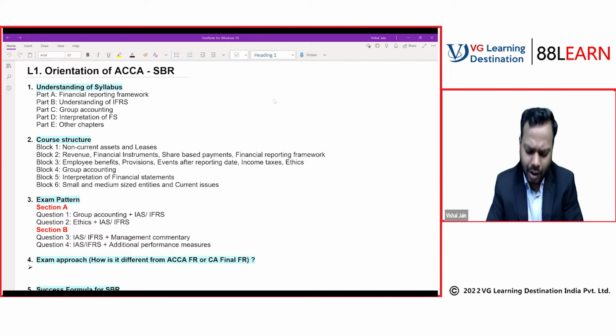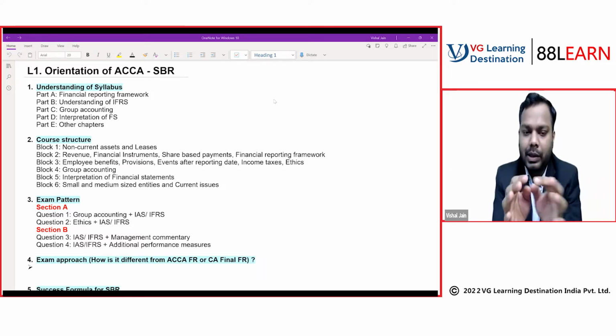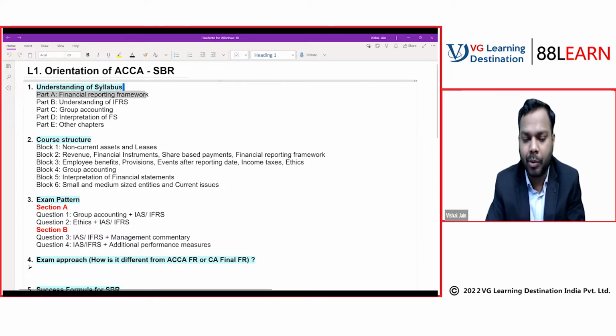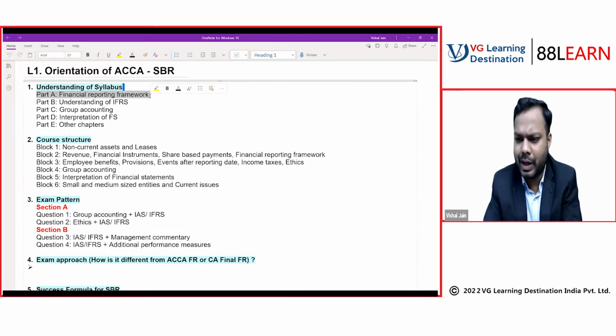Now, coming to the syllabus part, you must understand the syllabus bifurcation that is done by the ACCA or in our BPP material: these 5 parts. Part A talks about the financial reporting framework, which you have already studied in your CA final or ACCA skill level. That is the conceptual framework, right?